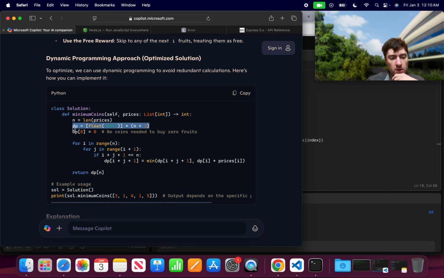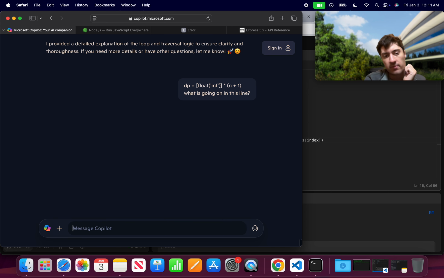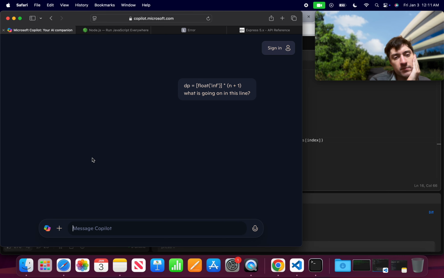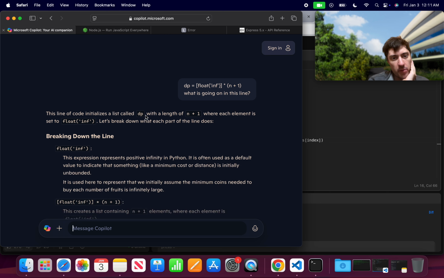So, okay, what's going on in this line? Initializes a list called dynamic programming, okay, with the length of n plus 1.